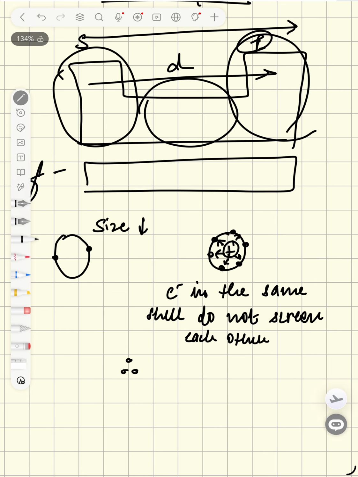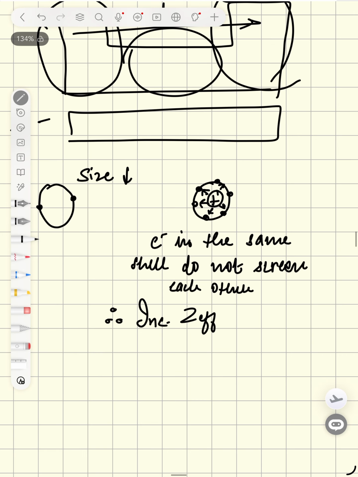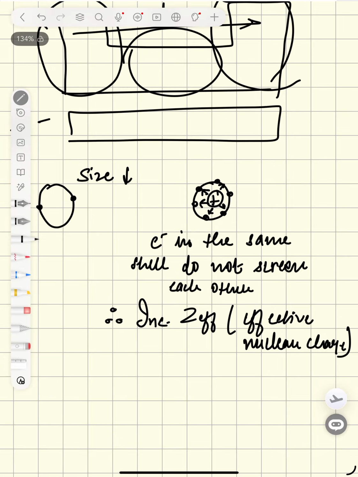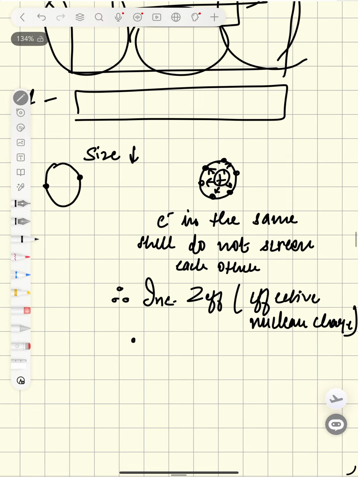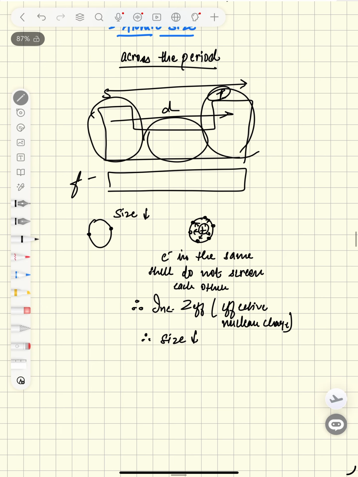This results in increase in the effective nuclear charge. Effective nuclear charge is represented by Z effective. Therefore, the size decreases as we move across the period.